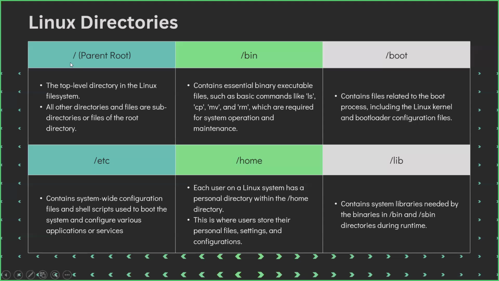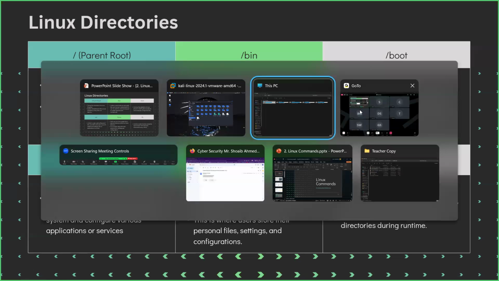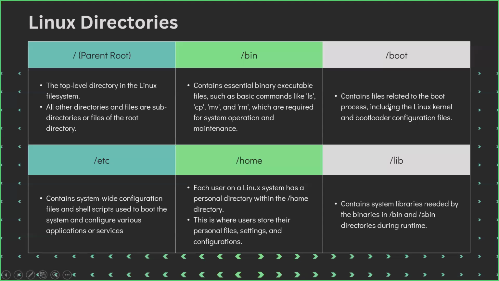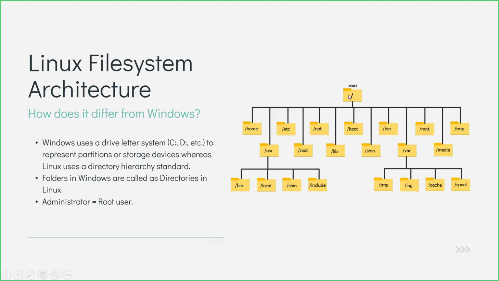So your parent root directory, denoted by forward slash, is the top level directory in the Linux file system. All the other directories or files are subdirectories or subfiles of the parent root. This encompasses all the other data in your Linux operating system. On the top level you have the parent root, and under it you have the entire file system.